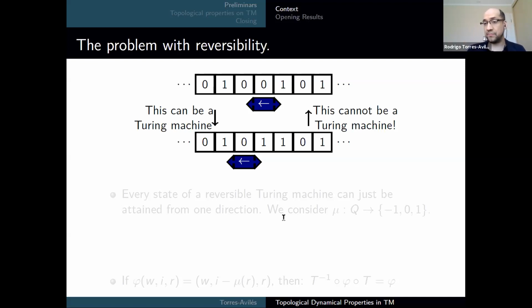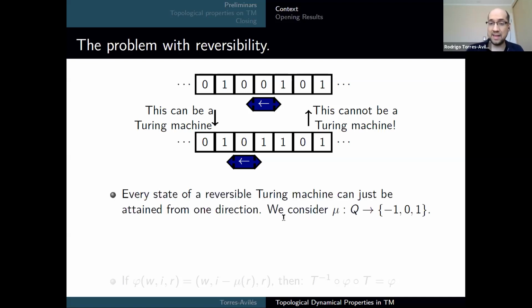Normally, it is done by considering movement or writing instructions, but that is not possible when we consider dynamics, because we are modifying the dynamics, in particular cutting in half the speed of the Turing machine if we do that. So what is our proposal? As every state of a reversible Turing machine is attainable from only one particular direction, we consider that direction to be mu of this state.